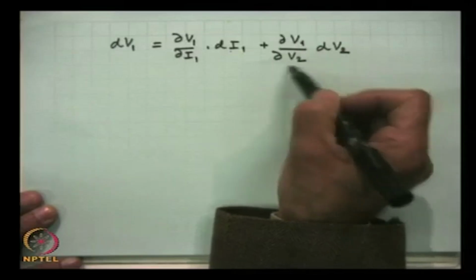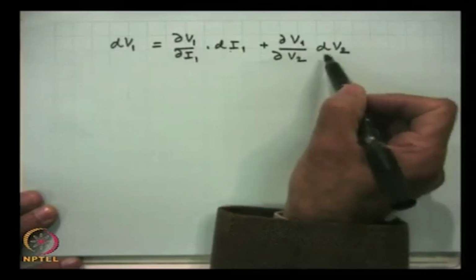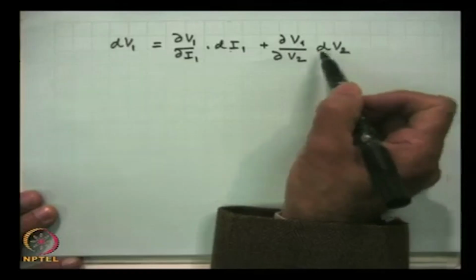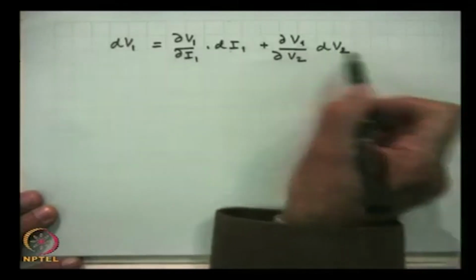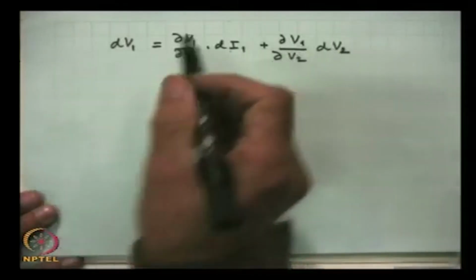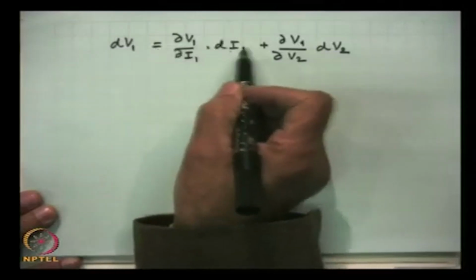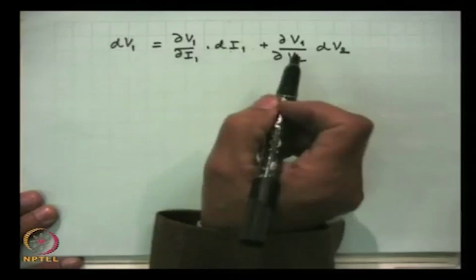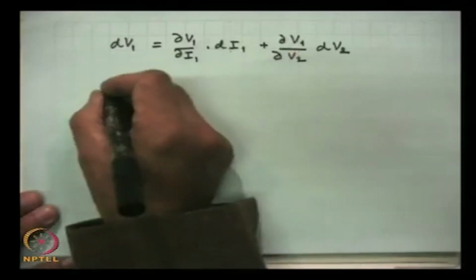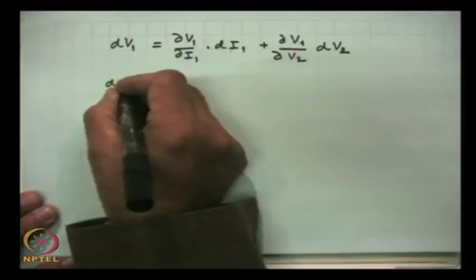So, this is the rate and this is the total change in V2, and hence this is the total dependence of V1 on I1 and V2. Similarly, we can write the another equation.